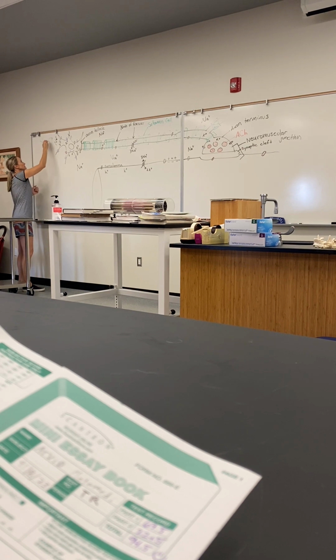And remember that axon terminus has these vesicles with neurotransmitters. When this brain neuron fires, these vesicles spill their neurotransmitters out onto the receiving end of my motor neuron.